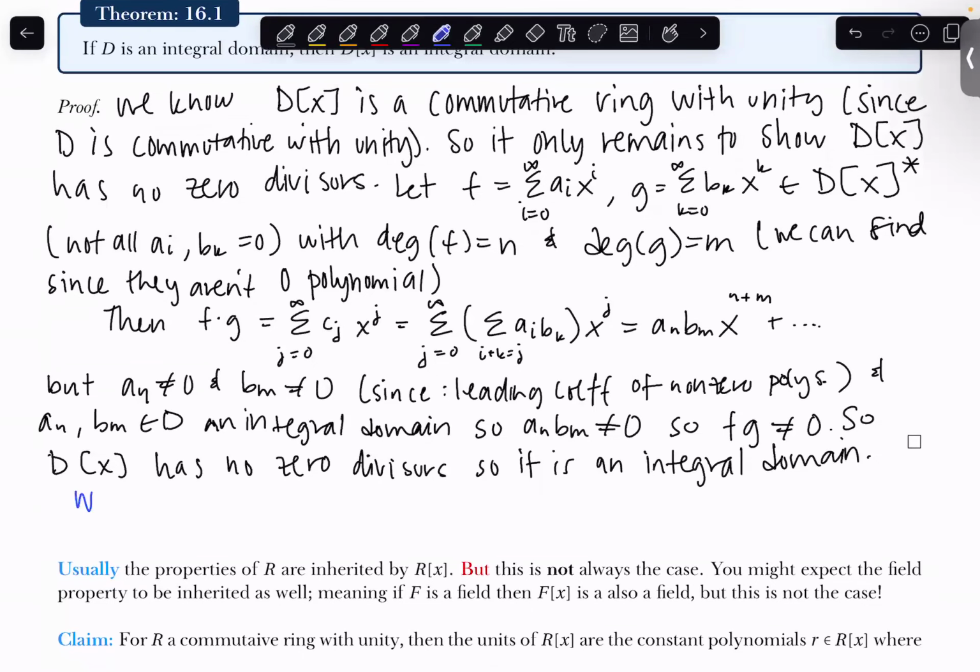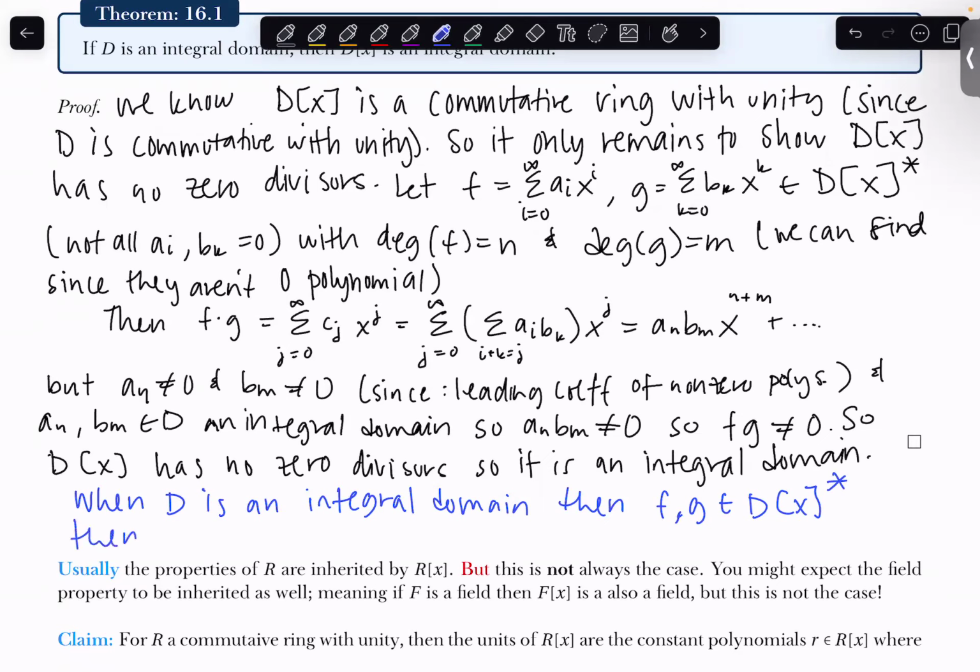When our ring is an integral domain, then when f and g are polynomials with coefficients from D, but they're not the zero polynomials, so they're not the zero elements, then we can precisely decide what the degree of their product is going to be.